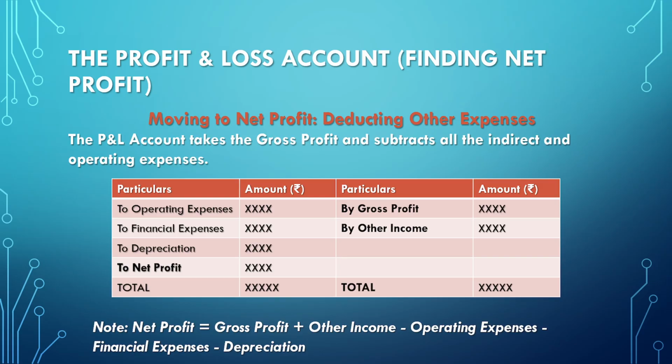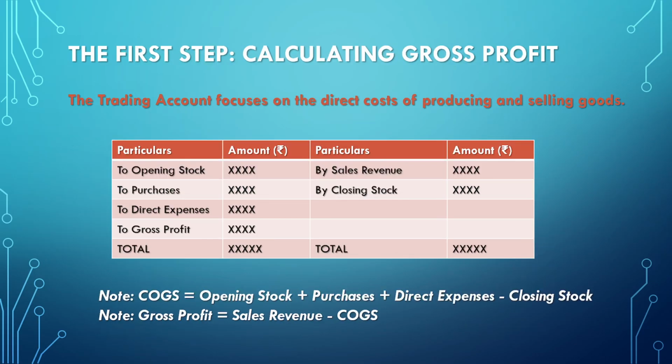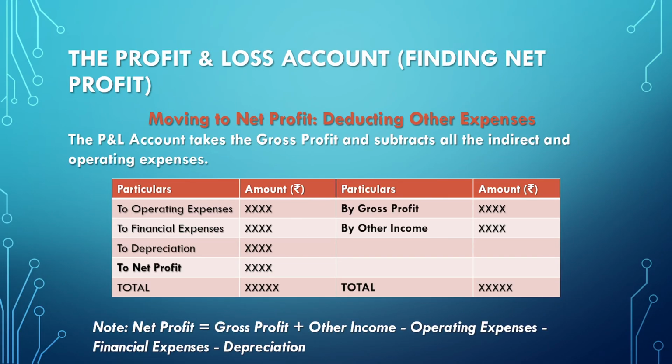Now let's try to understand how to come to a net profit. A P&L account is made. In front of you is a simple format of how a P&L account will look. The gross profit which we have calculated, because it's on the debit side there, is taken forward on the credit side as gross profit.